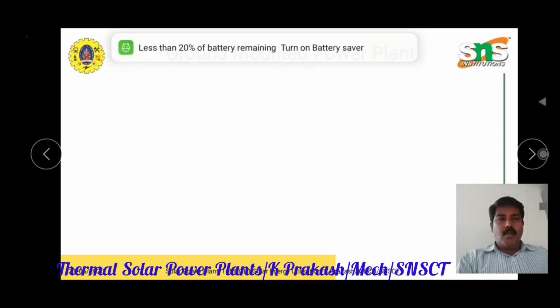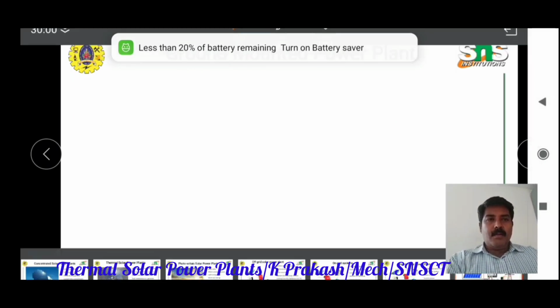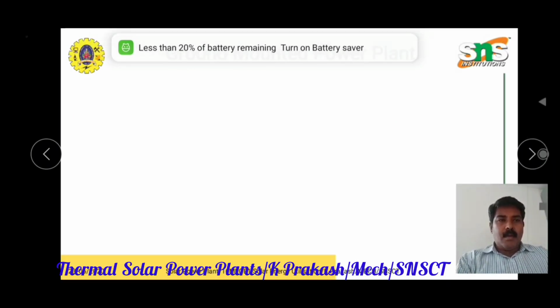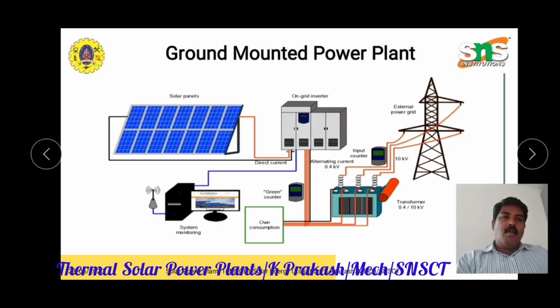Now coming to ground mounted power plants. See here, in these power plants, solar panels are used to absorb the sunlight and convert it directly into current.